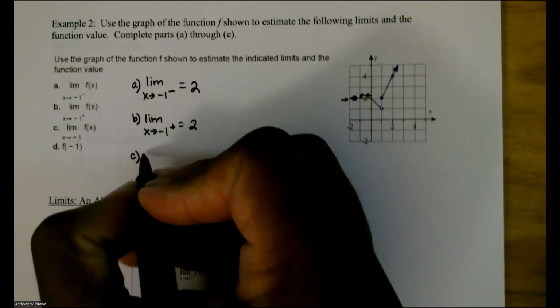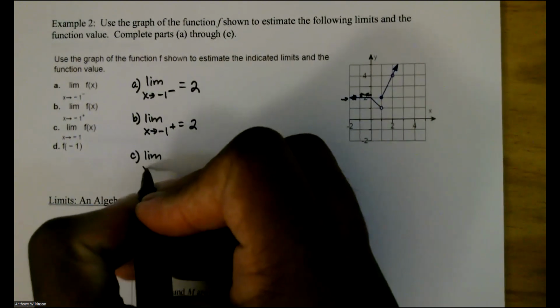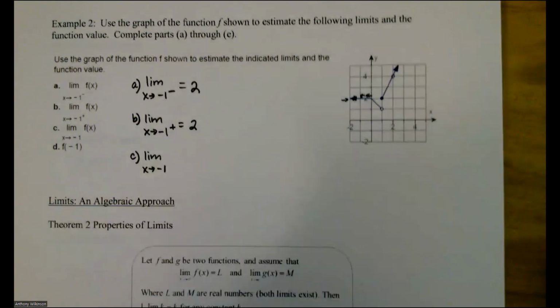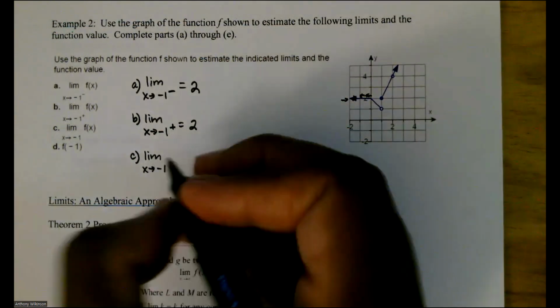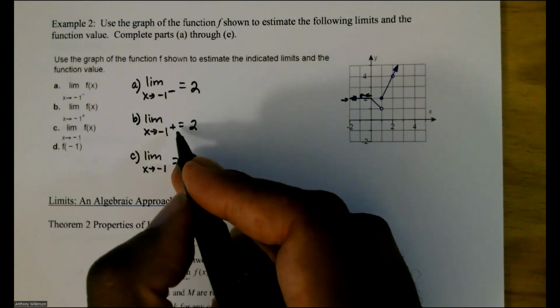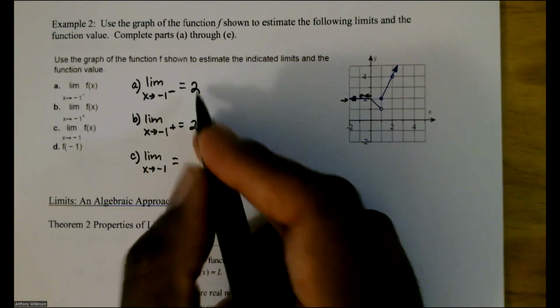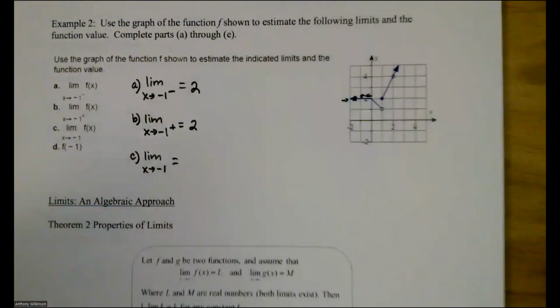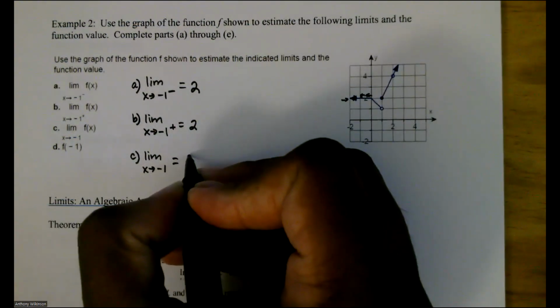And then part C is the limit as x approaches -1. Well, if you look at the limit from the left and the limit from the right, those values are the same. So that means the limit as x approaches -1 itself would be 2.